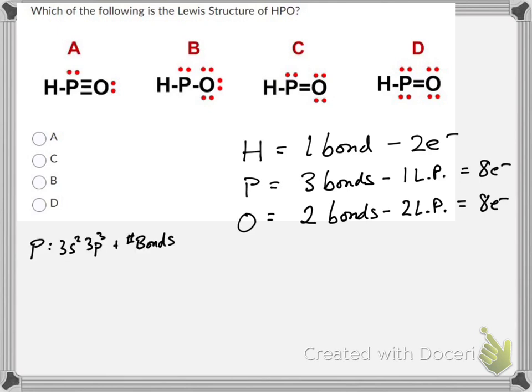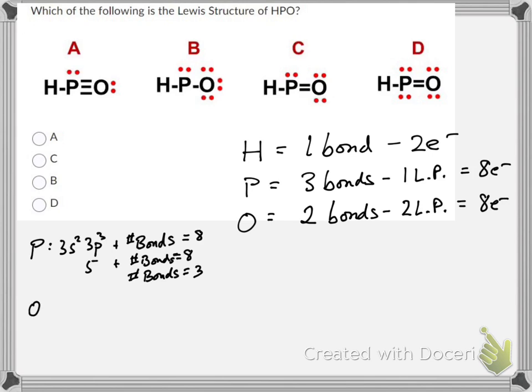The outer shell of phosphorus is 3s2, 3p3, so that number of electrons plus the number of bonds has to equal 8. So that's 5 plus number of bonds equals 8, and that's where we get number of bonds 3.